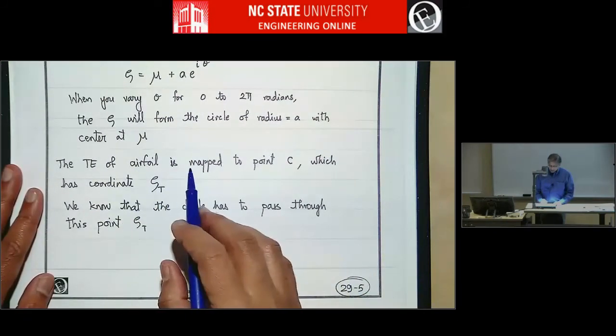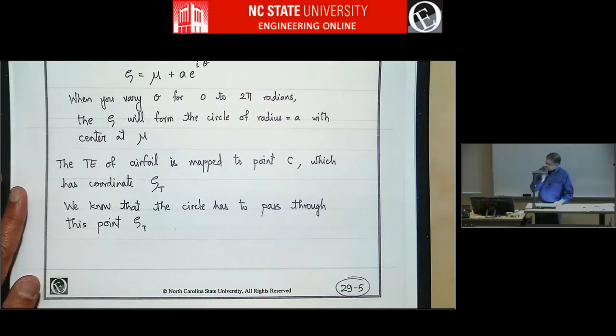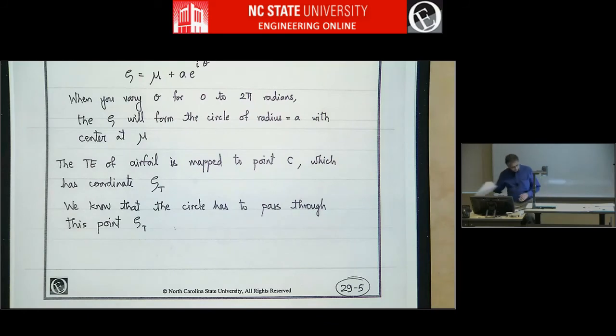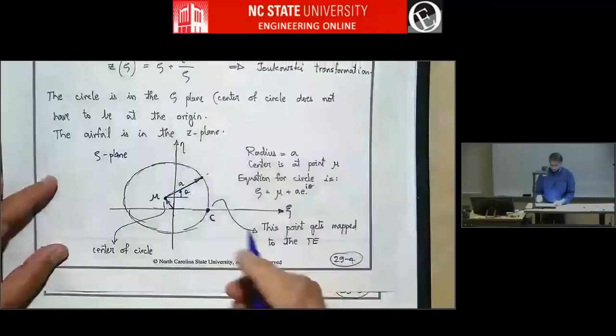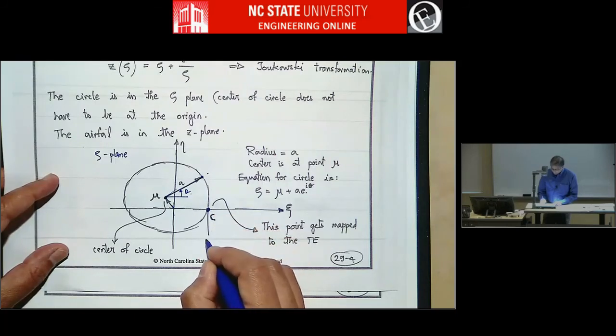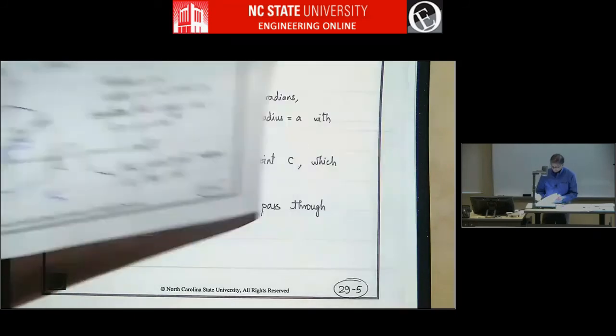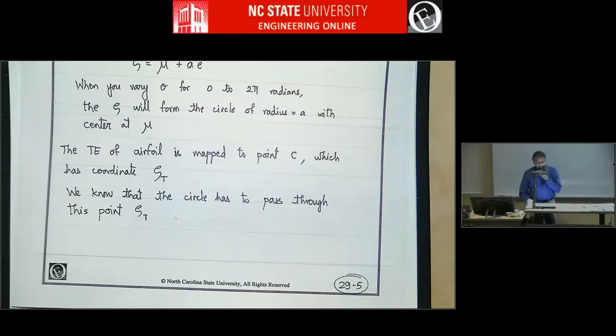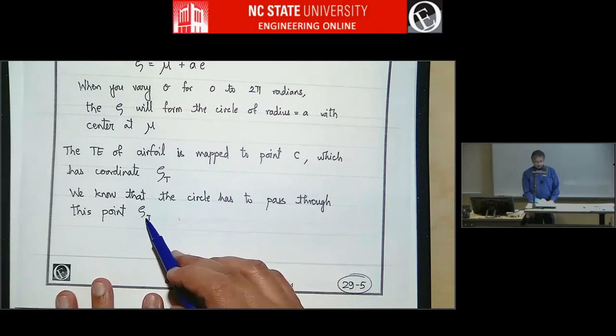So the trailing edge of the airfoil will be mapped to the point C, which has a coordinate of zeta t. And we know that the circle has to pass through that point, right?